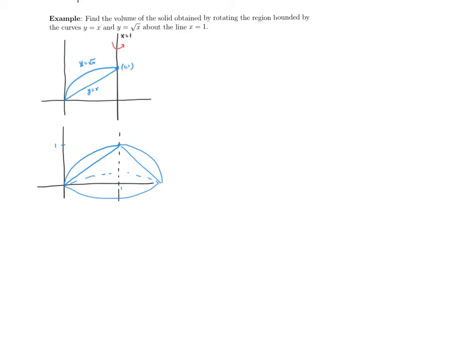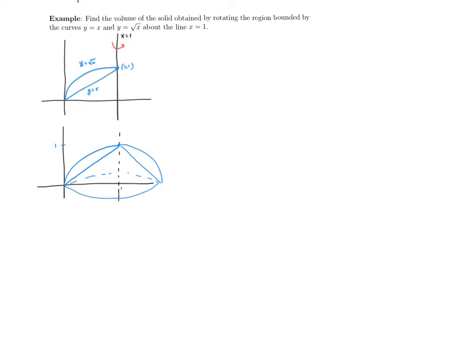Now the key thing we want to observe is that when we now rotate around a vertical line, there's a fundamental difference in how we're viewing this solid. Instead of having a washer where we think of the area depending upon an x value, we are going to have a washer where we think of the area as depending upon a y value.